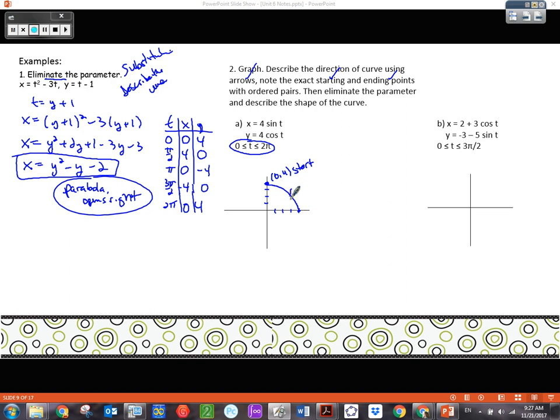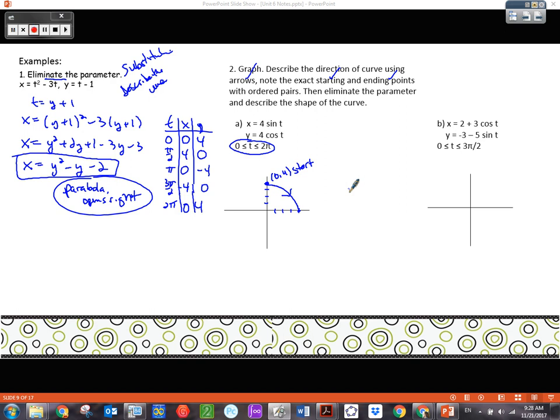I am going this direction. So I need an arrow there. Just one arrow is fine. I've seen students put so many arrows on there, it almost looked like a little porcupine. You can put as many arrows on there as you want. Really 1 or 2 is sufficient, but we just need to know which direction we're going.